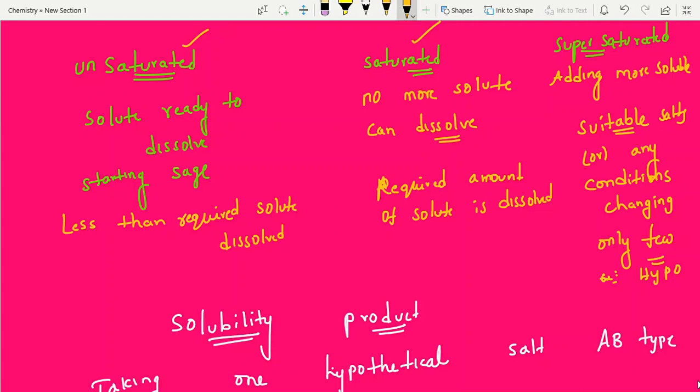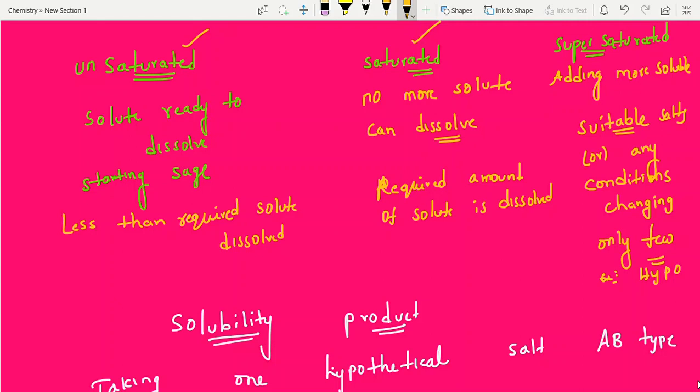Saturated is when you feel heavy after eating something. That is the saturated condition. No more solute can be dissolved in the given amount of solvent. It's not possible to eat more. Food is there, but you are unable to eat, right? That is the saturated condition.